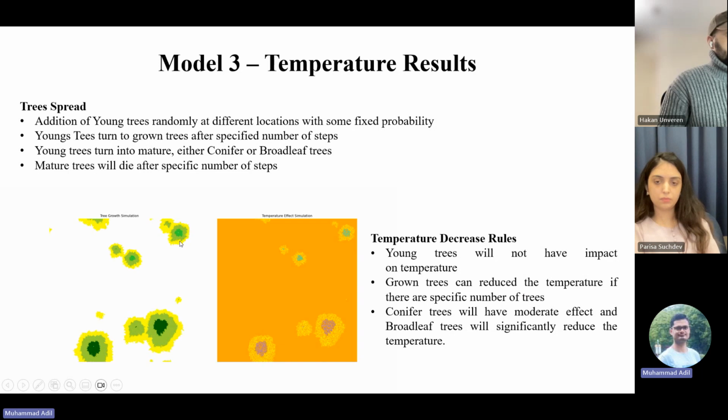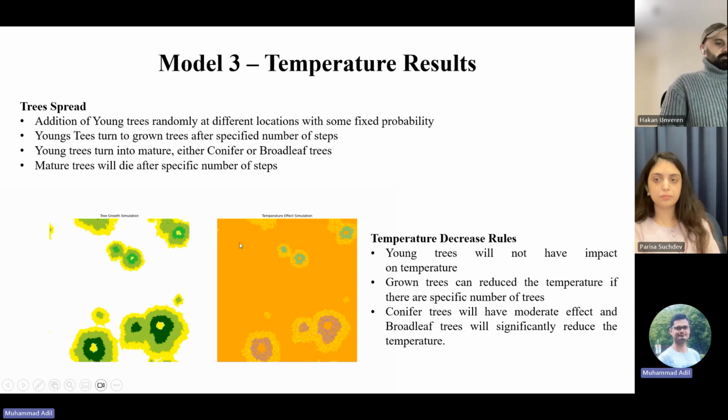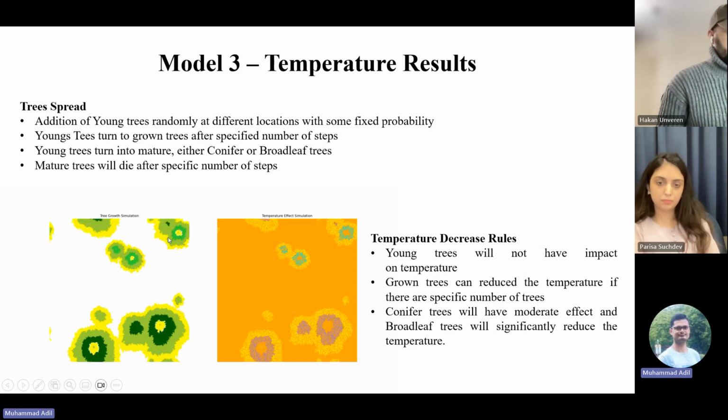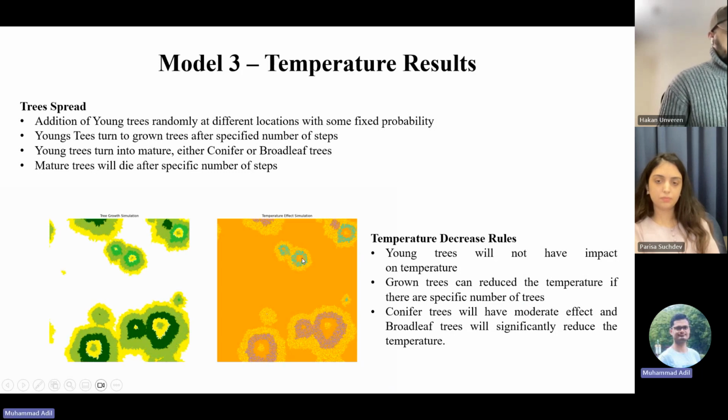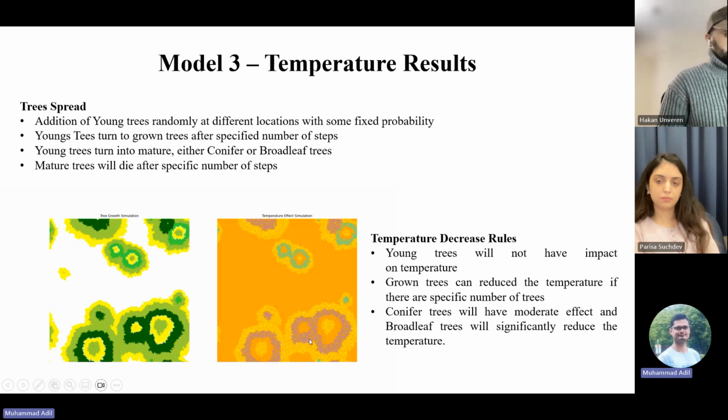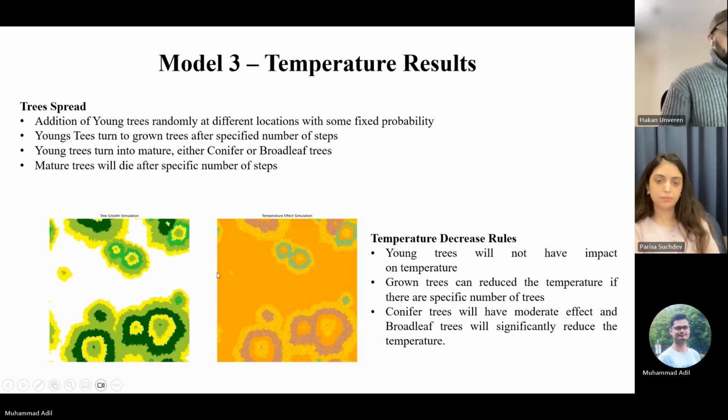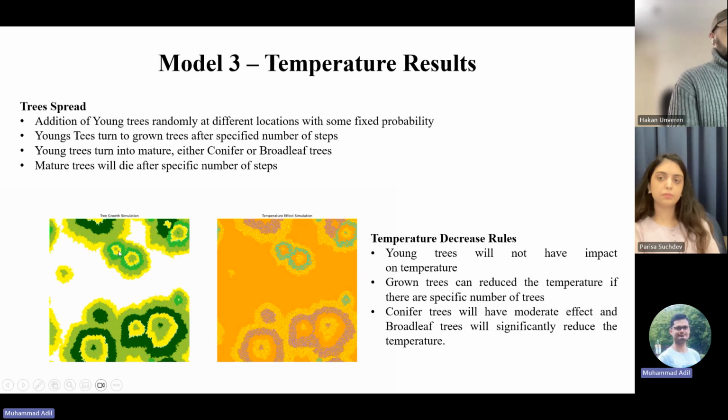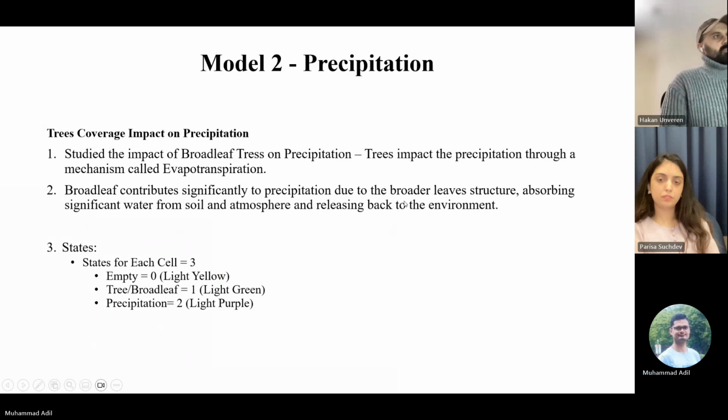As we have already studied, the conifer trees have the lowest drop in temperature compared to the broadleaf. So we are showing the impact of the conifer as aqua, meaning they have a smaller drop in temperature compared to the broadleaf, which we are showing here as a light purple color. And here we can also see that the trees start dying and then the tree will start to grow again.